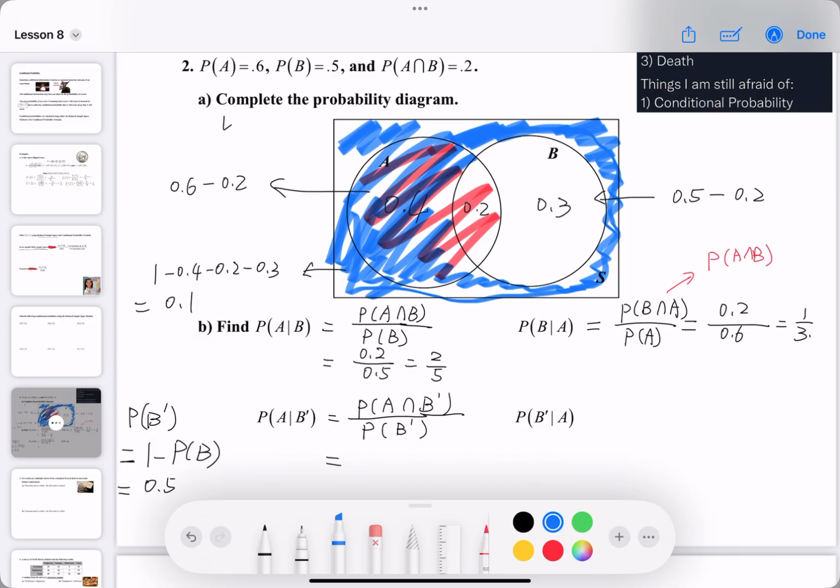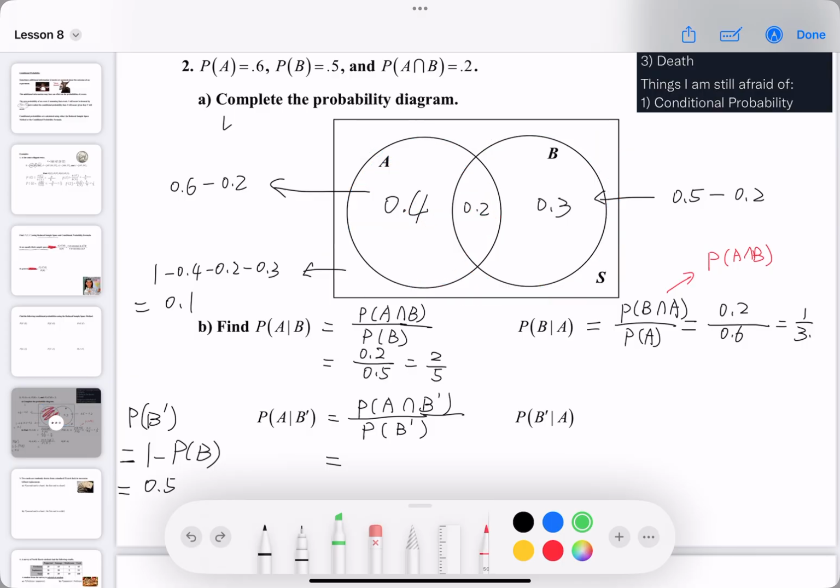Let me highlight this section in green. It has both blue and red, so we put 0.4 on the top. And what is P of B prime? 0.5. So we have 4 over 5. That is 80%.